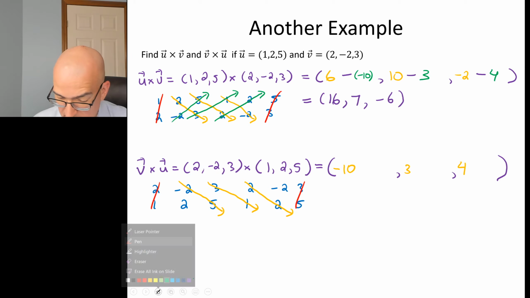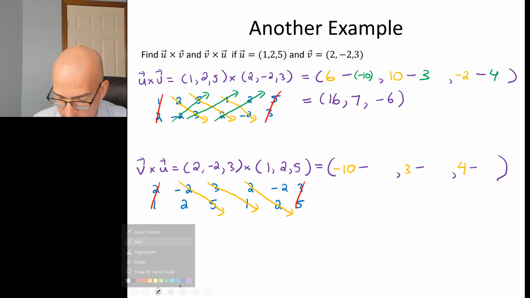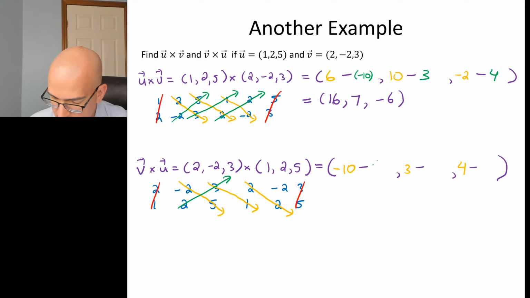Well, I got the minuses in there, so subtract, subtract, subtract. We subtract the up products. 2 times 3, 6. 5 times 2, 10. 1 times negative 2, negative 2. And then we simplify. So negative 16, negative 7, positive 6.